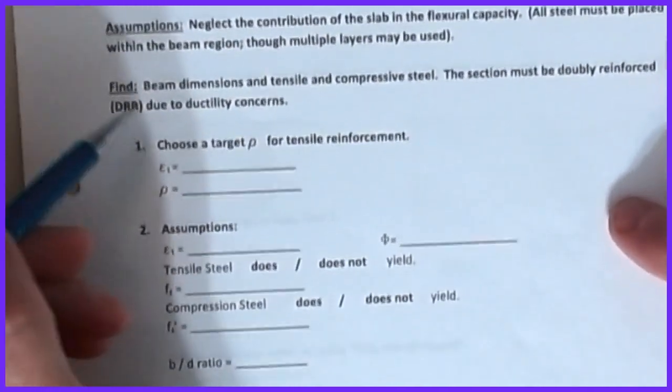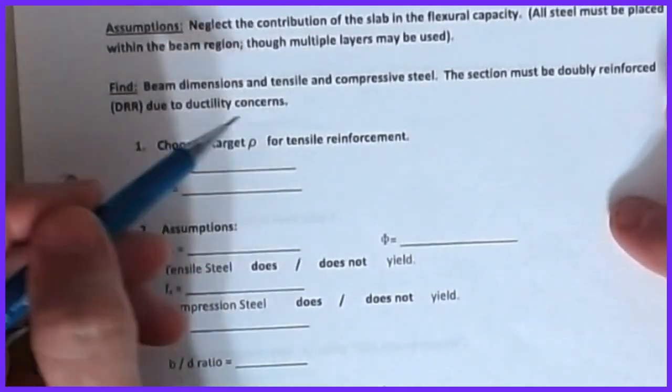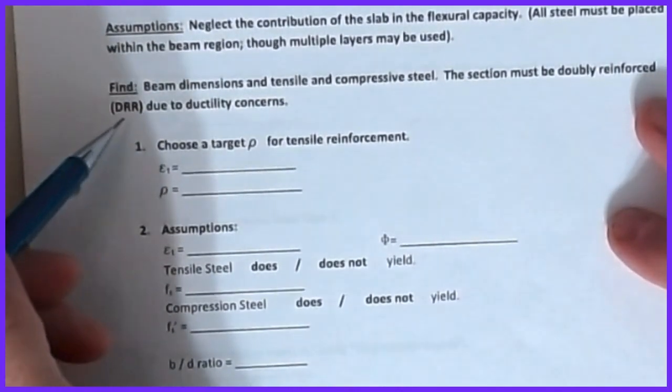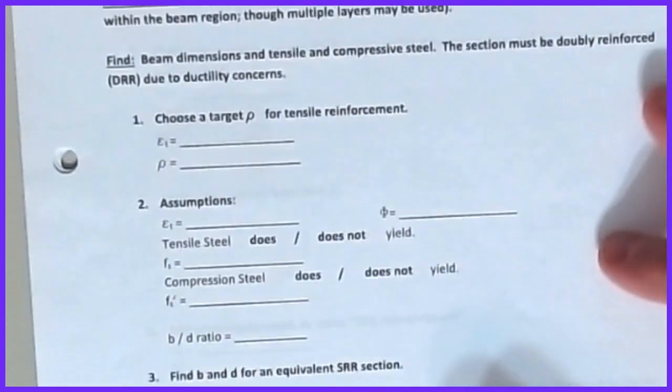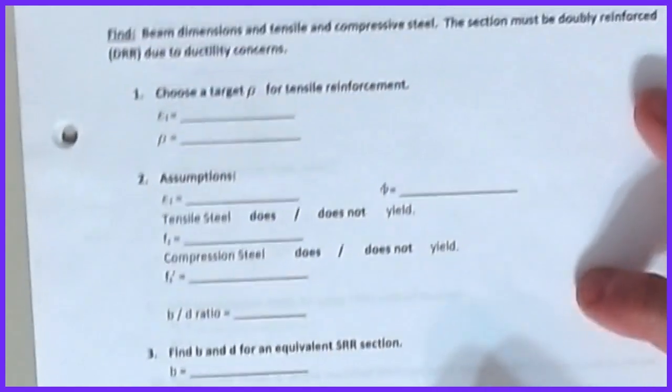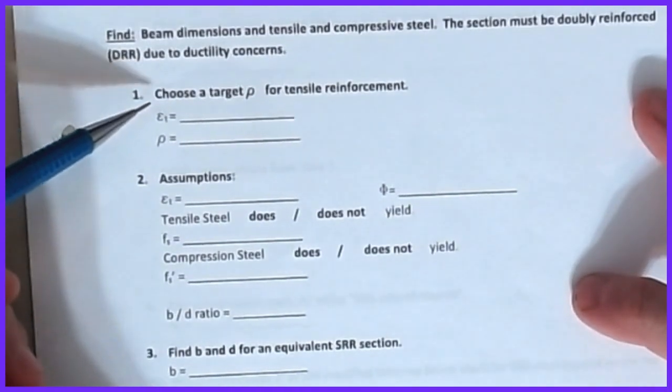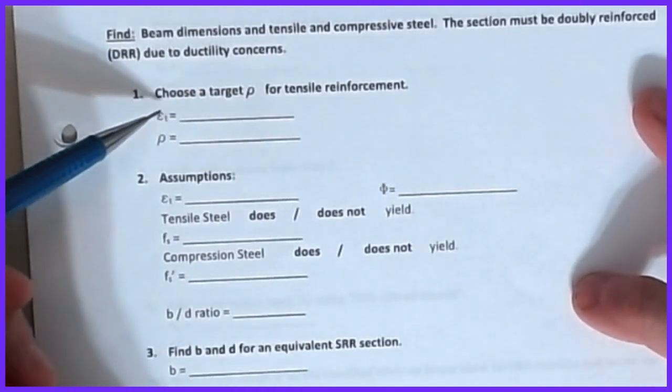Okay, what we want to find is the beam dimensions and the tensile and compressive steel requirements. The section must be doubly reinforced (DRR) due to ductility concerns. So all we're going to do is walk through the process that I outlined before. We're going to choose a target rho for the tensile reinforcement. And when I do that, we're going to estimate our strain.